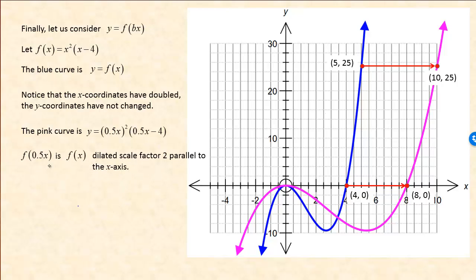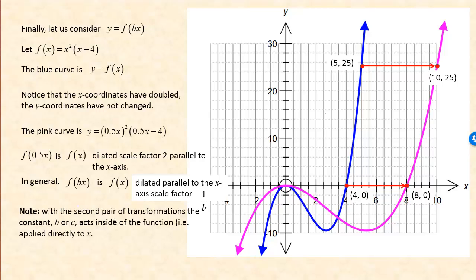F of 0.5x, therefore, is f of x dilated scale factor 2, that's because the x coordinates have doubled, parallel to the x-axis. In general, f of bx is f of x dilated parallel to the x-axis, scale factor 1 over b.